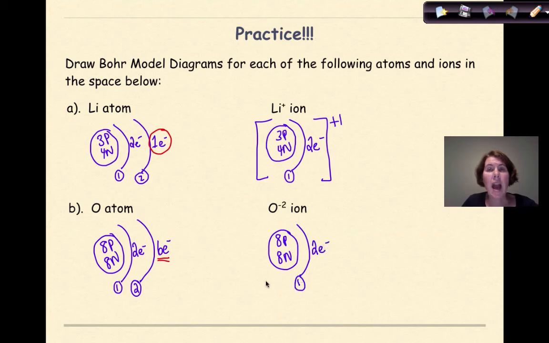And now we're going to add 2 more electrons to the second shell, because it's an overall charge of -2, which means I have more electrons than protons. So 8 electrons here. Since I have more electrons than protons, when I put my brackets around this, I'm now going to have a charge of -2. So how many valence electrons do I have here? I've actually increased my number of valence electrons. I have 8 valence electrons because my original valence shell is still there, and now I've added to it.